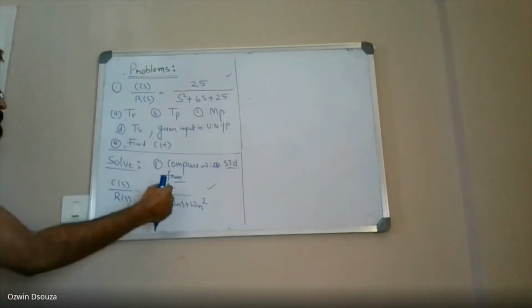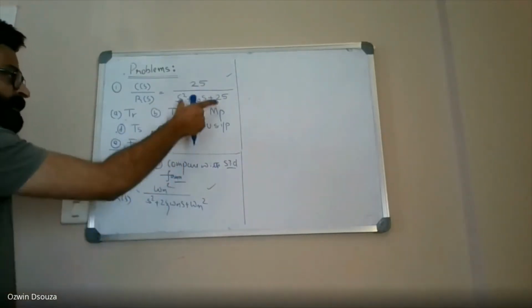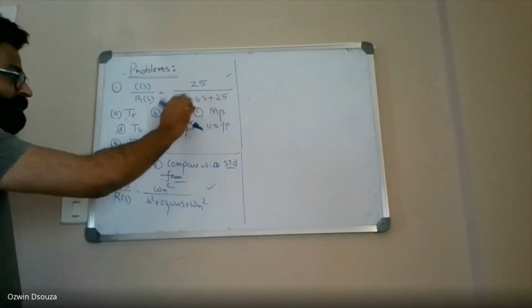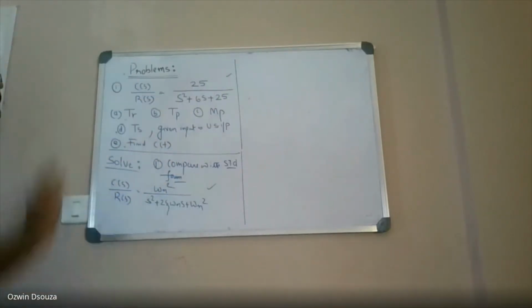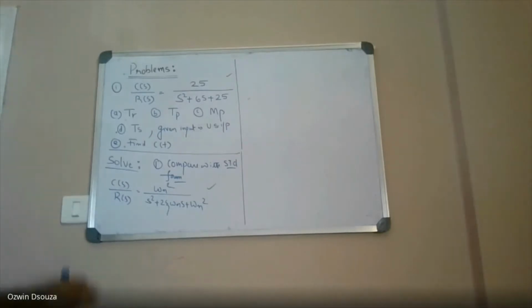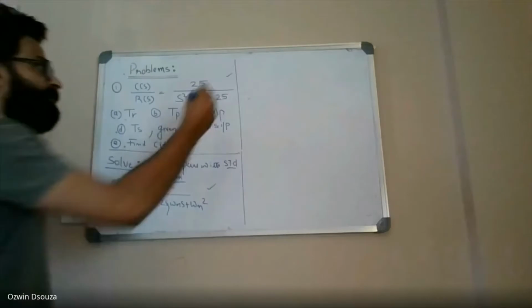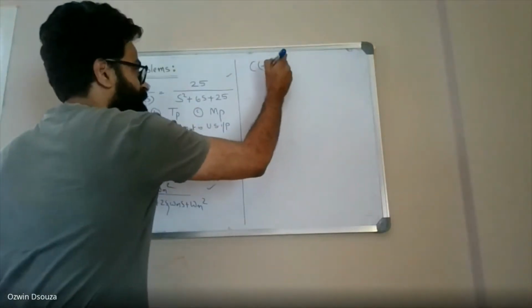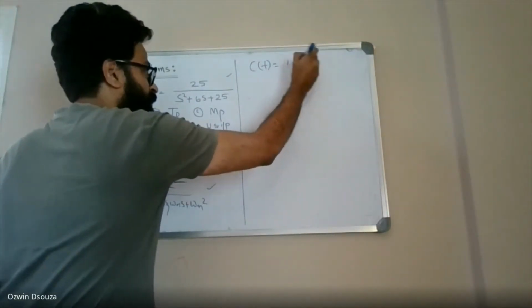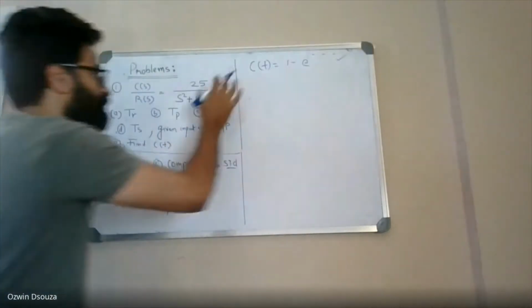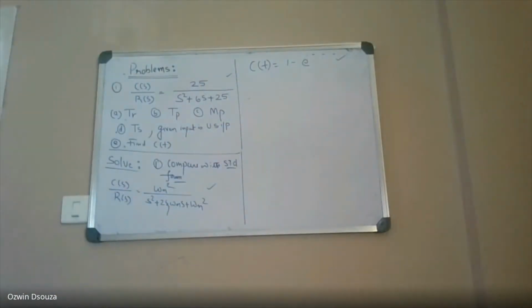Against omega n square you have 25, and the denominator is the proper polynomial in your given transfer function. So you can apply the standard results. That is, you can simply write C of t is equal to 1 minus e to the power, and so on. This expression holds good for this particular system.